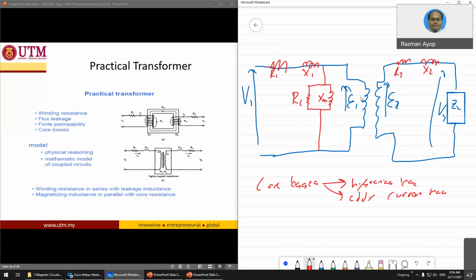Basically, when you want to start a transformer, you need a certain amount of magnetizing current to start the transformer before you can start everything. This is represented as an inductor in parallel. So basically this is the practical model. Make sure you know how to draw this.